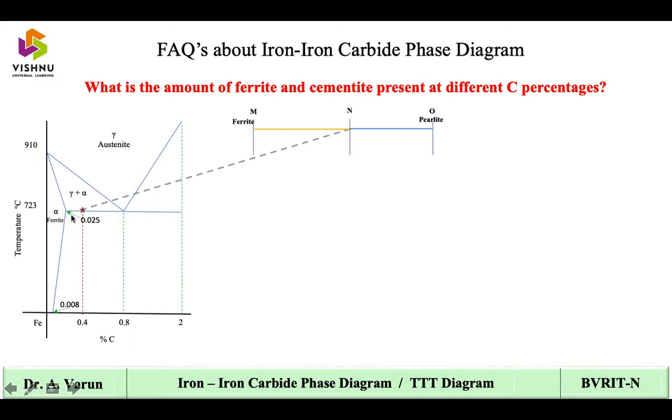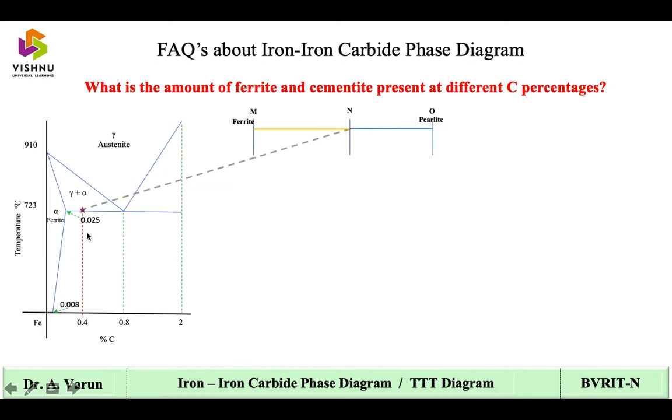Here we don't have liquidus and solidus like we discussed for the general example. Here we are supposed to see what mixture we are going to get in the final product. So below this line, you are entering into a hypoeutectoid region where we get proeutectoid ferrite as well as pearlite.